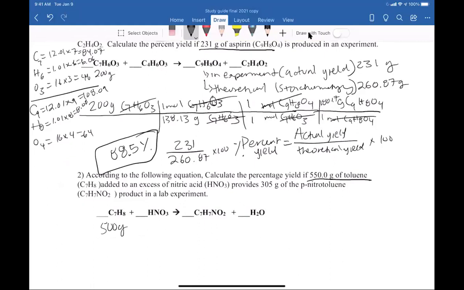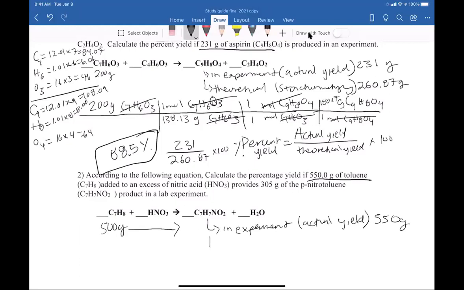And then in the experiment, when you do the actual experiment, you get 305 grams of this. Sorry, let me do that again. In experiment, meaning actual yield, you get 550 grams of that.